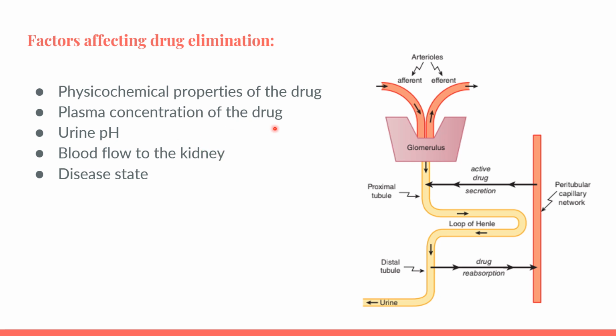Plasma concentration of the drug, urine pH, blood flow to the kidney. If the blood flow to the kidney is not sufficient, the drug will not be correctly eliminated, and then it will have an exaggerated effect. And the disease state of the patient, of course, will affect how well their kidneys function.